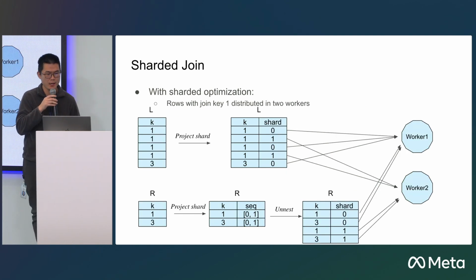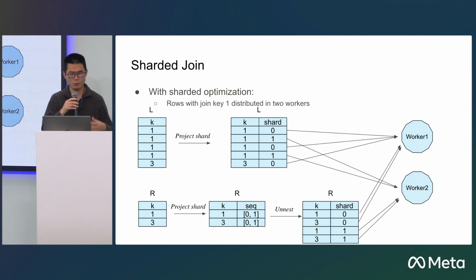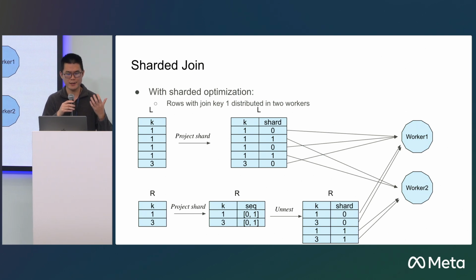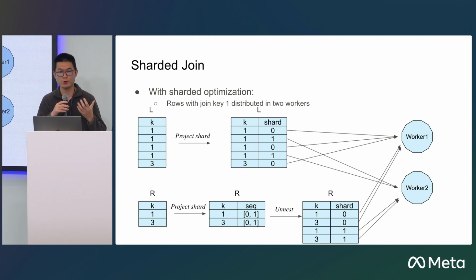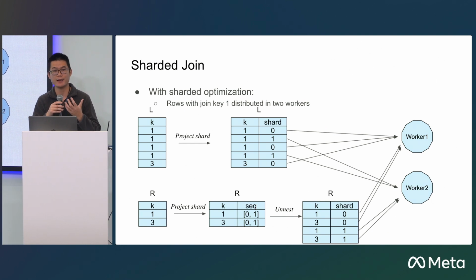With this optimization, on the left side we first add a shard to the left table. For the right side, we add a sequence from 0 to 1 and then unnest it. Since we now join by both join key and shard, the workload is distributed more evenly compared to the previous example.